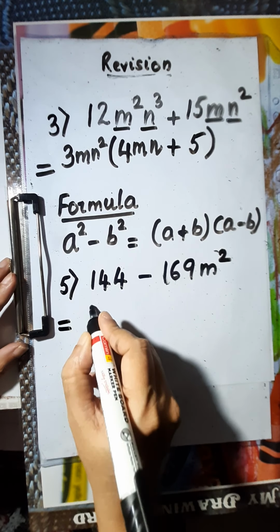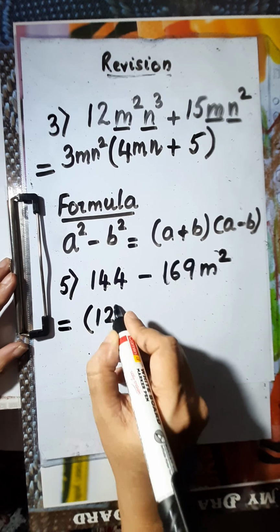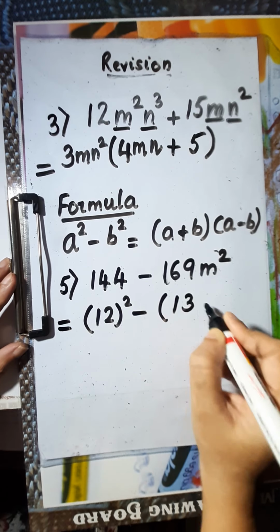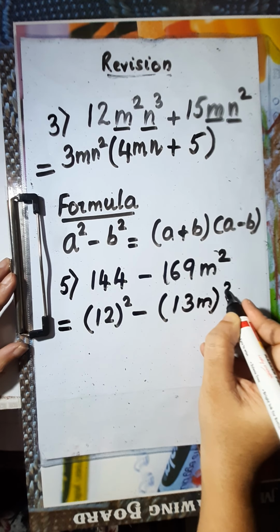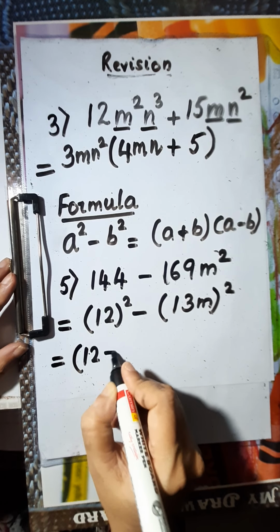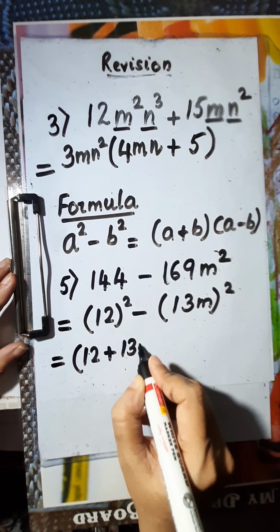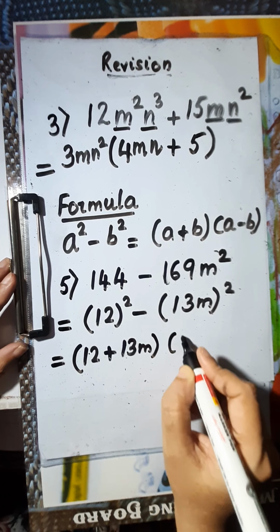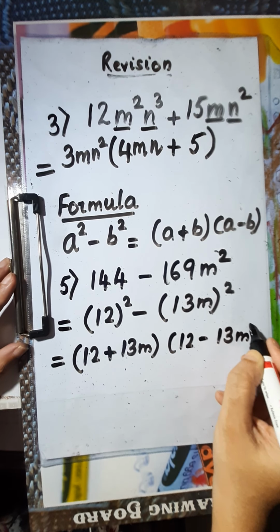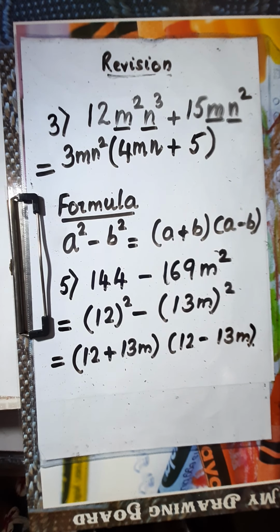Now 144 is, can you see my bracket, 12 square minus 13m the whole square. So very easy: 12 plus 13m, 12 minus 13m. So this is a very short video, but this is the revision of my 7th standard portion.